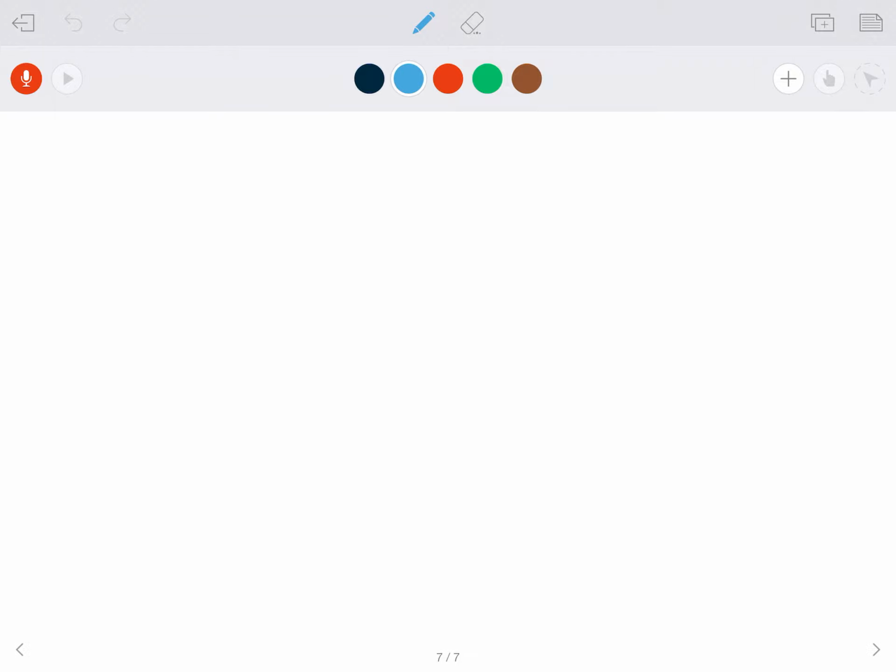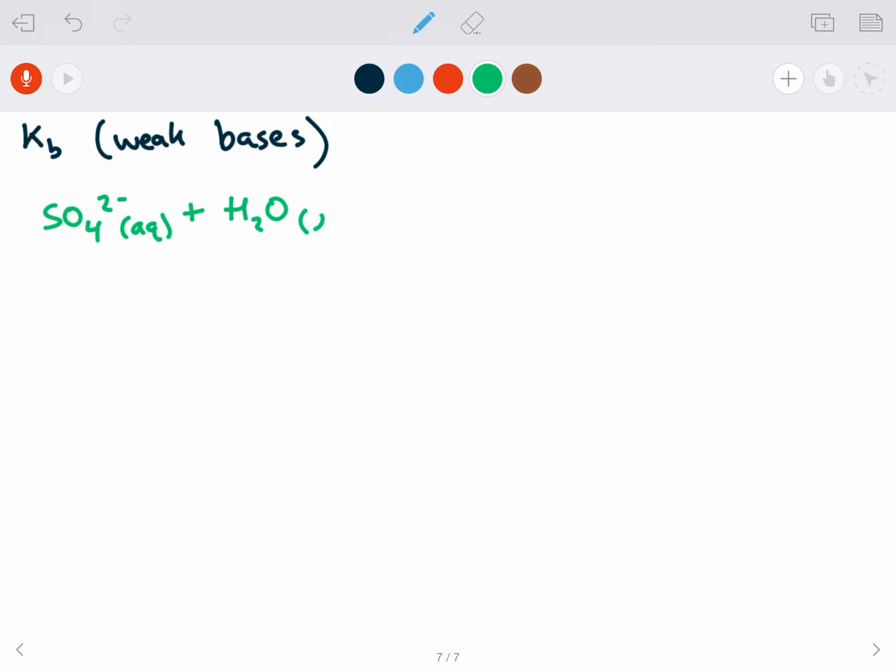Now, last thing I'm going to mention is Kb, and this is for weak bases. All the same rules follow from Ka. Right, so if I have a reaction of a weak base, say I have sulfate, SO4 2 minus, plus water, to give HSO4 minus plus OH minus.